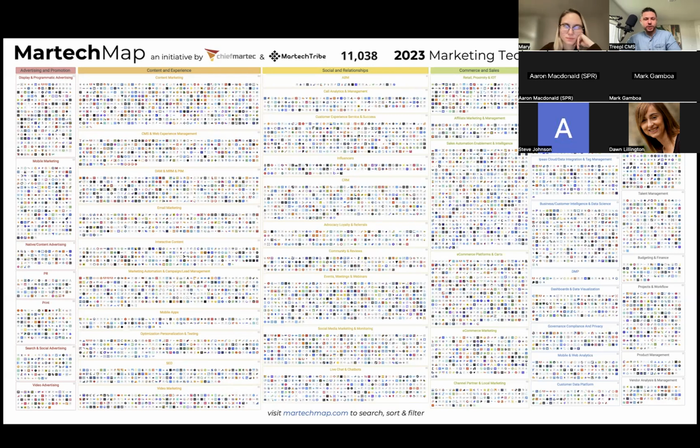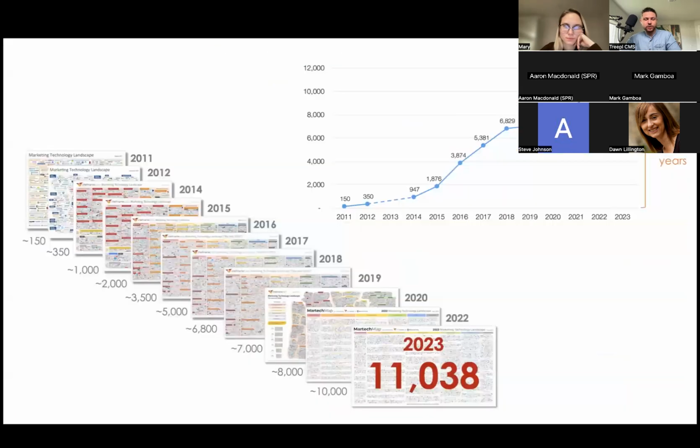But here's another interesting fact: how those solutions were appearing on the market in the last 12, 13 years. So since 2011, when there were 150 solutions, now we have 11,038.